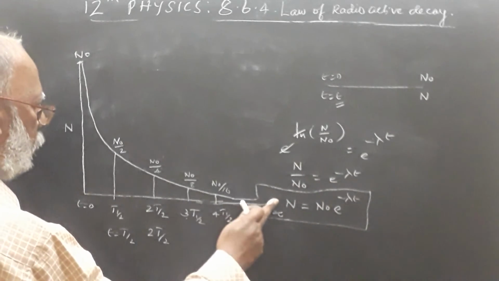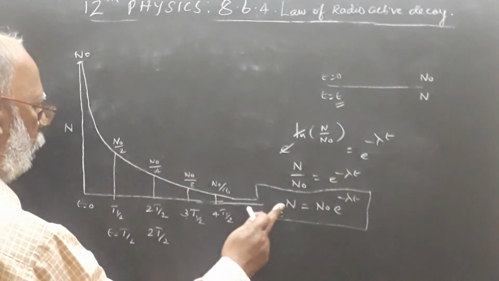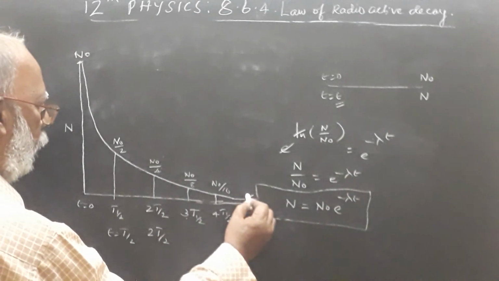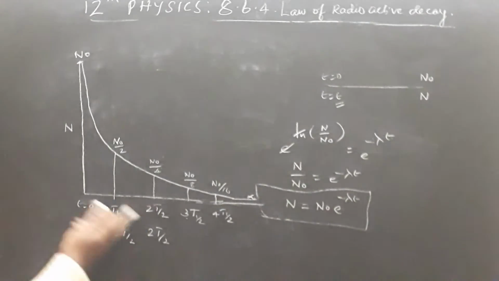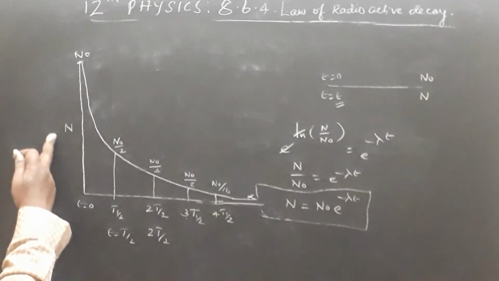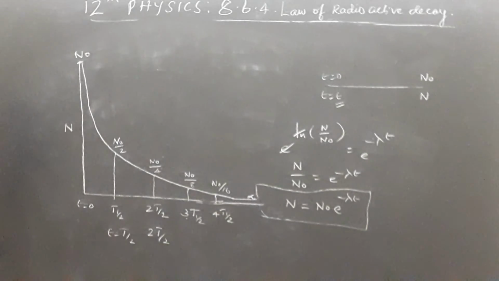It is impossible to cut the x-axis because the decay will take infinite years. From these figures, we can clearly explain the relation between the undecayed number of nuclei and time. I hope you understand clearly.